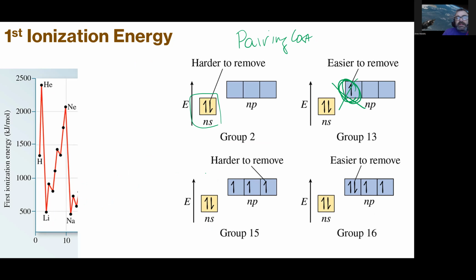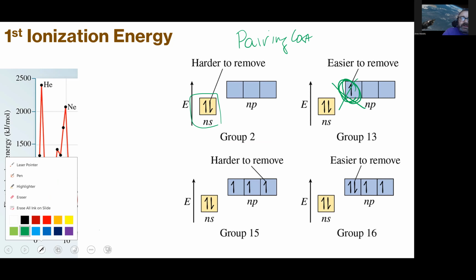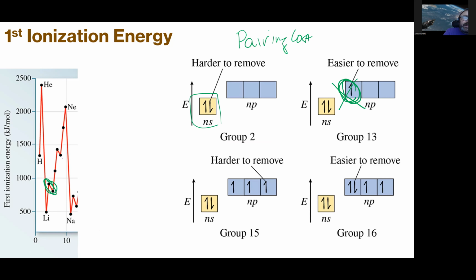That's what we're talking about here. If we look at this little gap, that's between nitrogen and oxygen. So this is nitrogen and this is oxygen. It's easier to remove this electron in oxygen because it is paired up when the other ones are not.